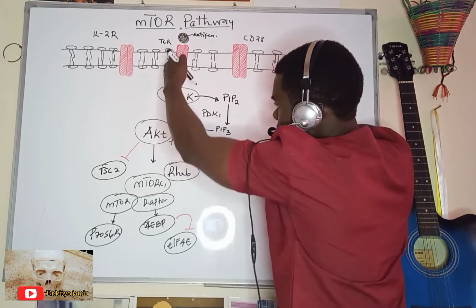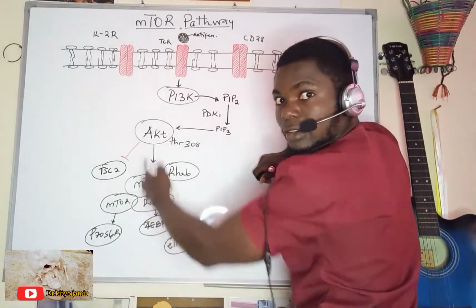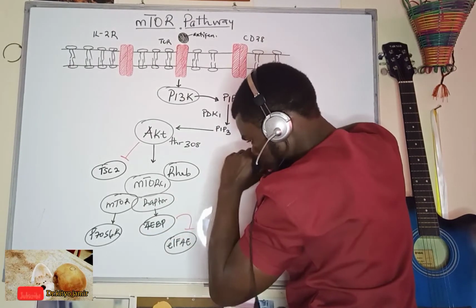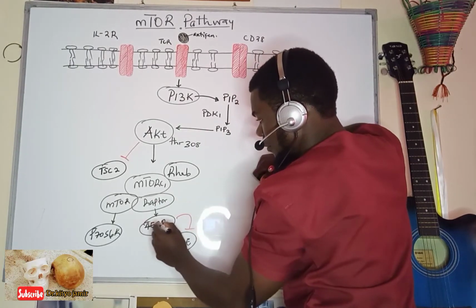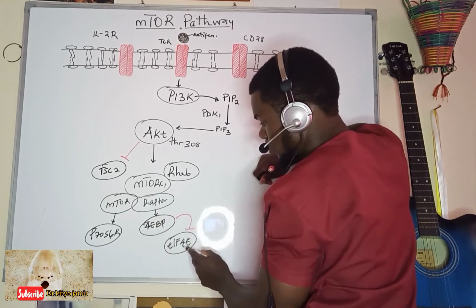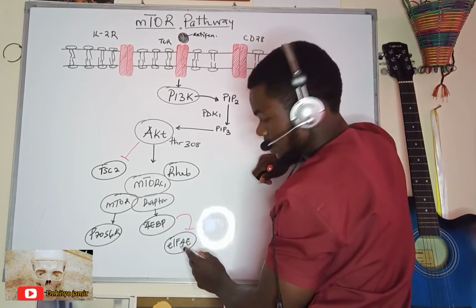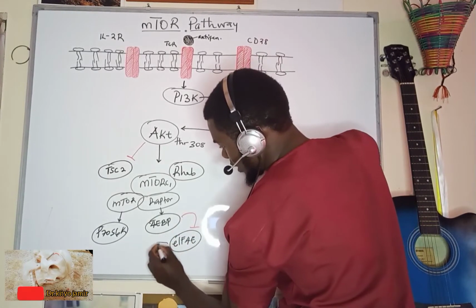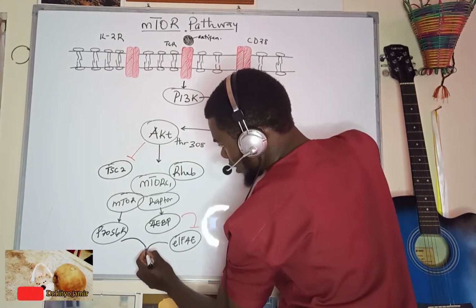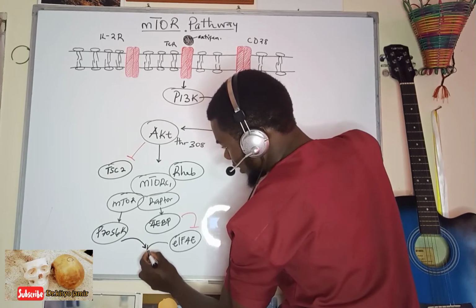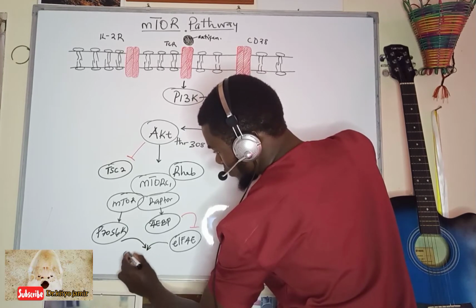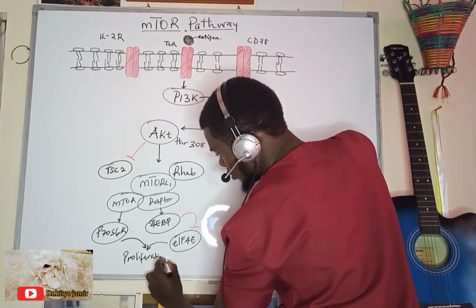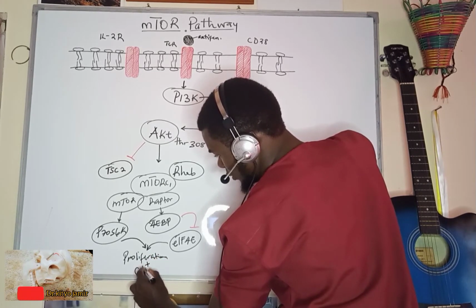But when the system is activated, we are going to have it phosphorylated and activated. It's not going to inhibit the molecule. So if this molecule is not inhibited, together with the P70S6 kinase, we are going to have proliferation. We have cell division.